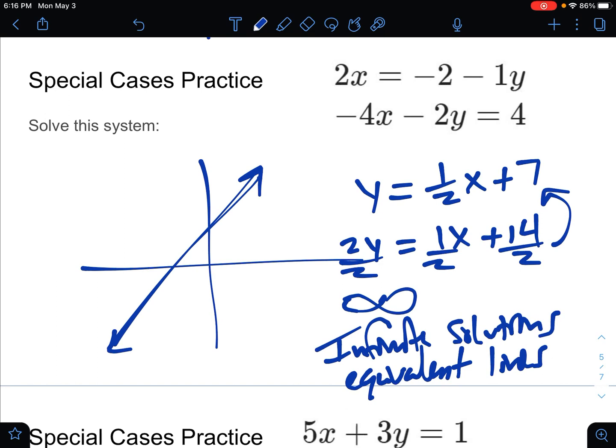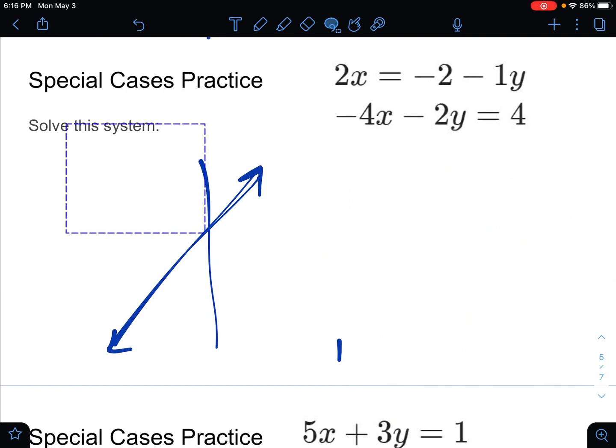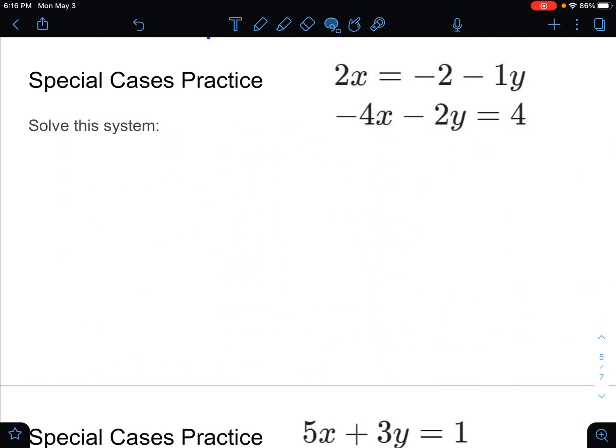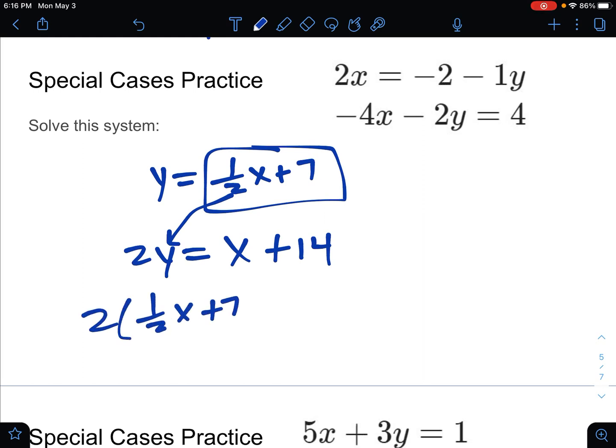If you're solving and you get to a situation, what would that look like? Well, what happens is it basically looks like an obvious statement. So say we have y equals 1/2 x plus 7 and then 2y equals x plus 14. If I were to take this and plug it in for y, I would get 2 times 1/2 x plus 7 equals x plus 14.